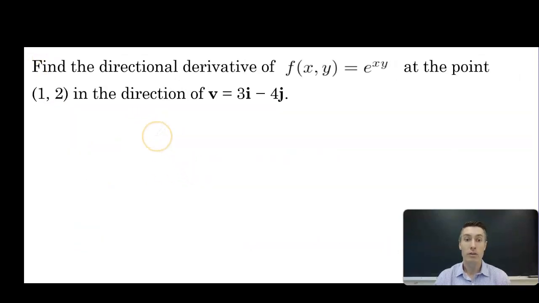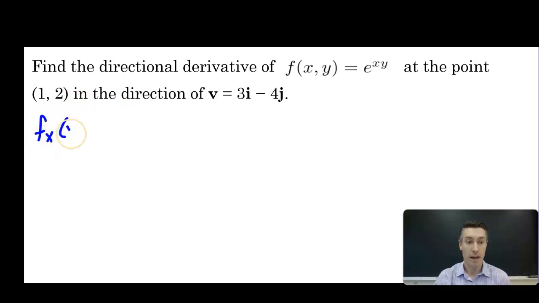Okay, so find the directional derivative of the function f(x, y) equals e to the xy at the point (1, 2) in the direction of the vector 3i minus 4j. So there are a few different pieces that we're going to have to find before we put them together to find the directional derivative. Okay, so let's start with our partials.